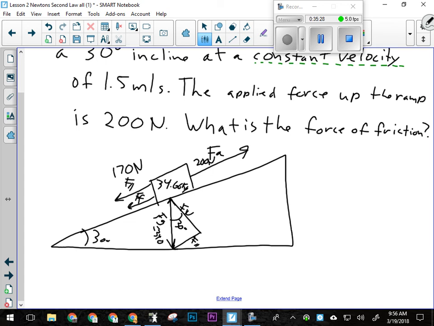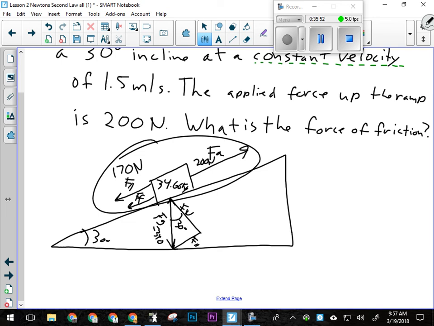What's the net force? 0. Okay, it's not accelerating. If it's not accelerating, the net force is 0. That means these three forces add up to 0. So I've got 200 up, I've got to have 200 newtons down. That means friction is how many newtons? 30.